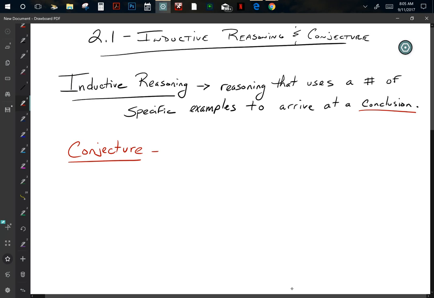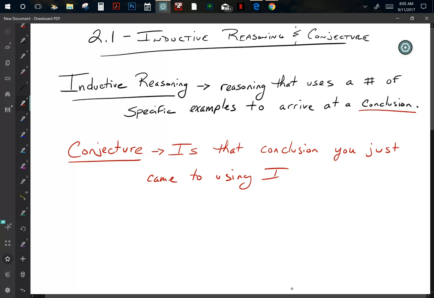Conjecture is that conclusion you just came to using inductive reasoning.